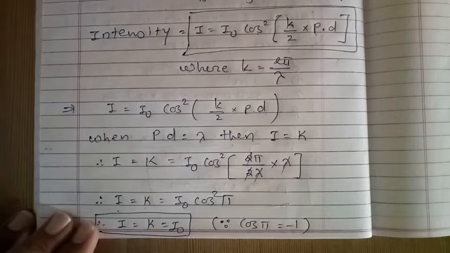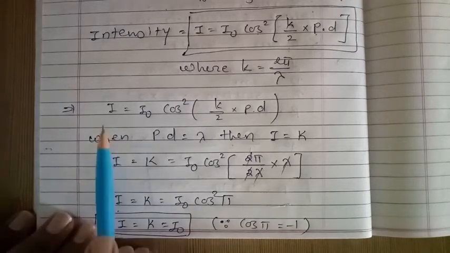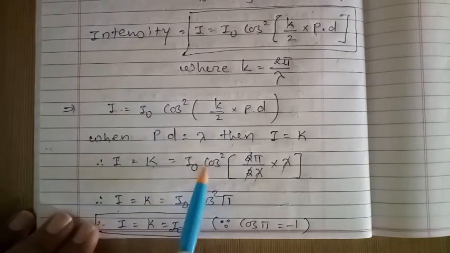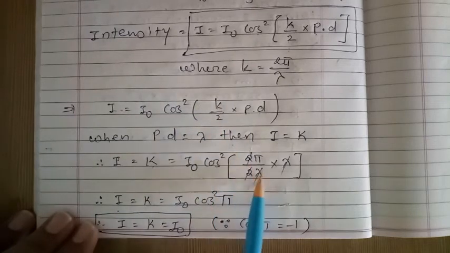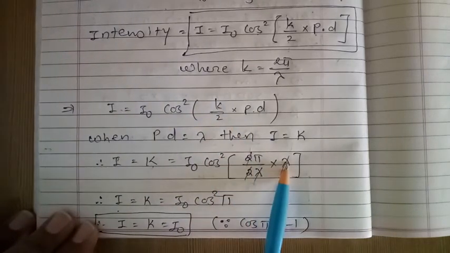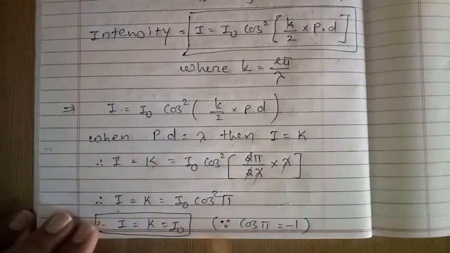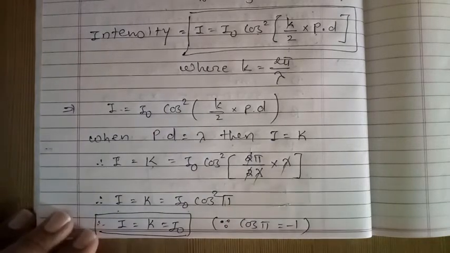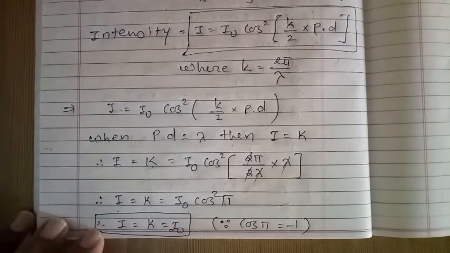When path difference is lambda, then intensity is K. So I equals K equals I0 cos square of k by 2, with k being 2 pi by lambda, so 2 into path difference lambda. Here 2 and lambda cancel, so I equals K equals I0 cos square pi, but cos pi is minus 1, so minus 1 whole square is plus 1, so I equals K equals I0.